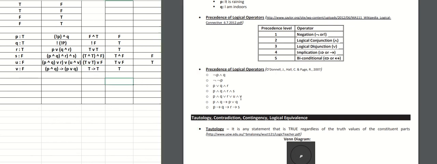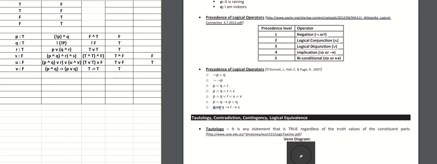Okay, next, let's try the last one. So we have three implications. Okay, therefore, based on the rule, we first get the operator on the left before the next and the next. So left side first, left operator first.